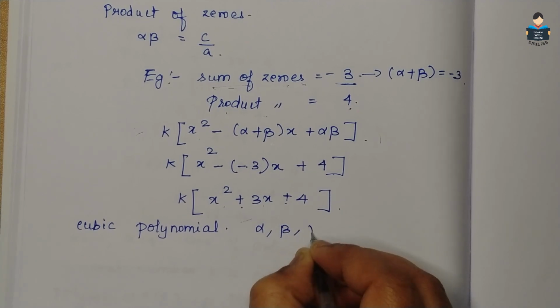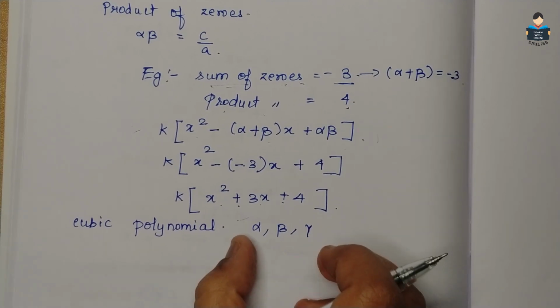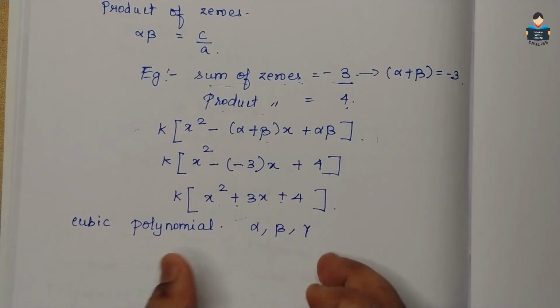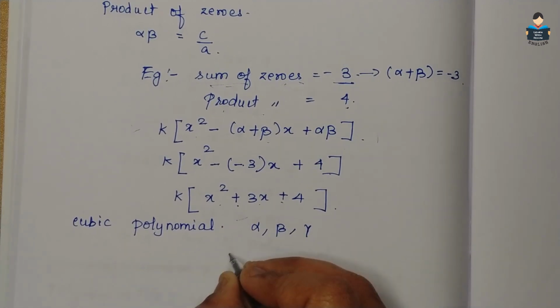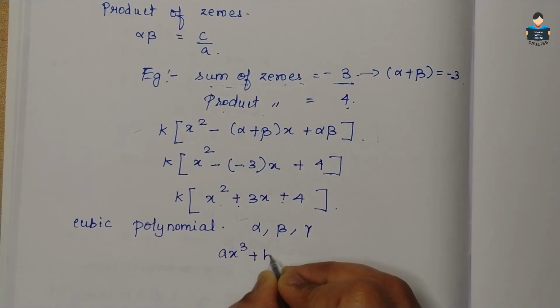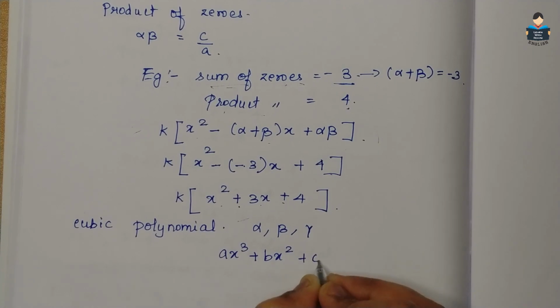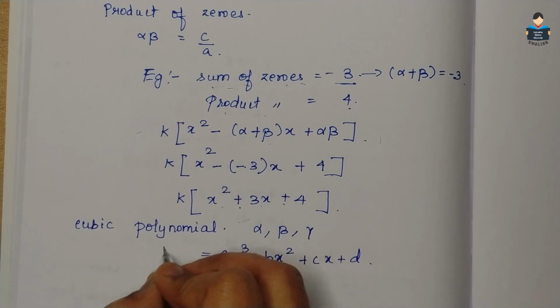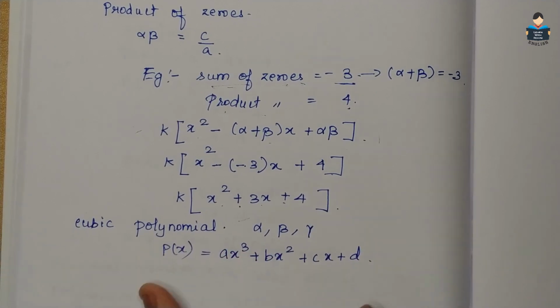Alpha, beta and gamma are the 3 zeros of a cubic polynomial, and the standard form of the cubic polynomial is ax cube plus bx square plus cx plus d.